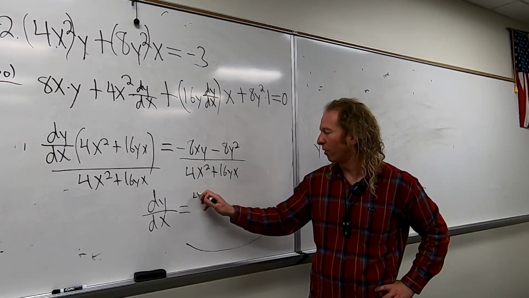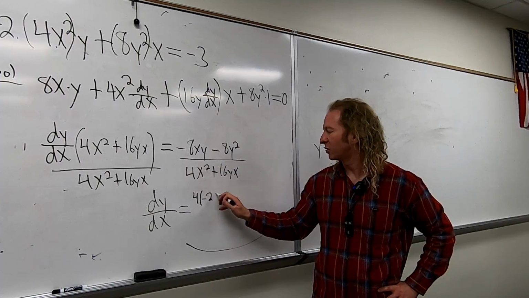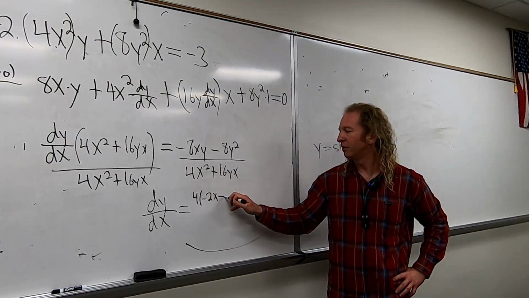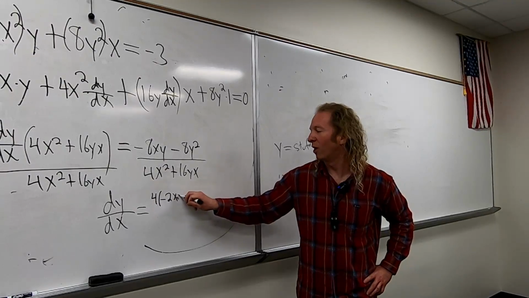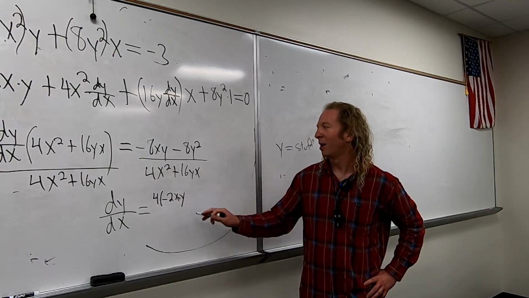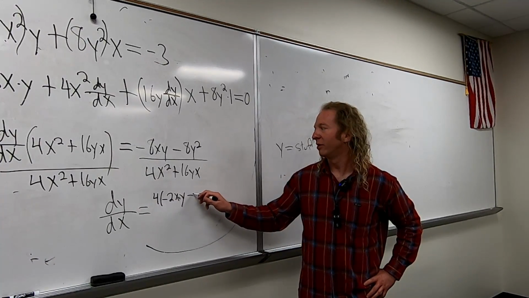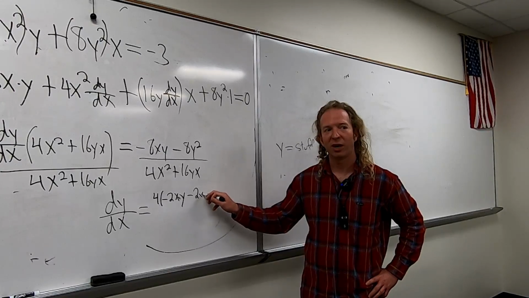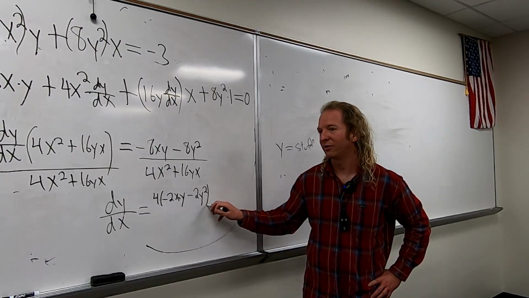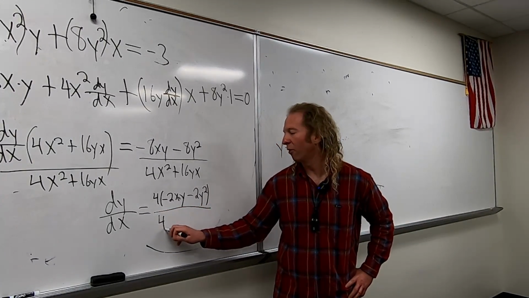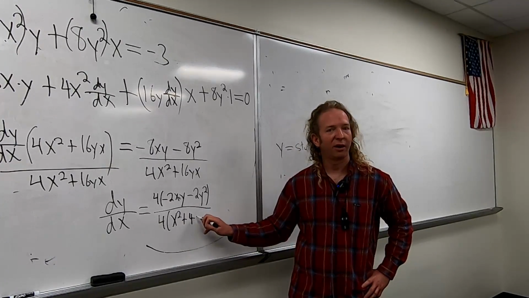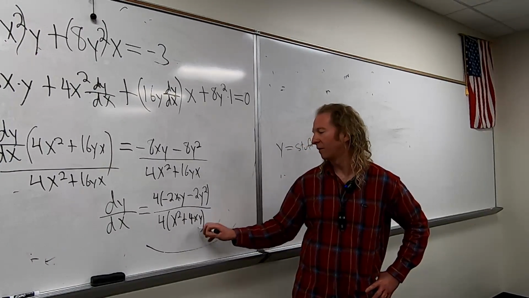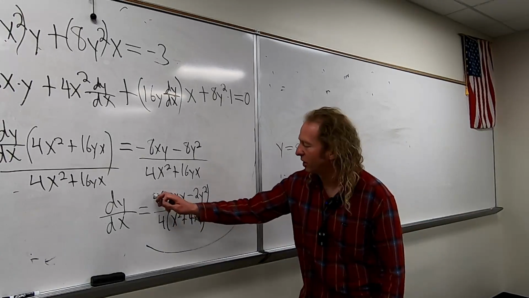So I'm going to do this. 4 times negative 2xy minus 2y squared. Everyone see that? And then here we have 4x squared plus 4xy. And then now you can cancel, right?